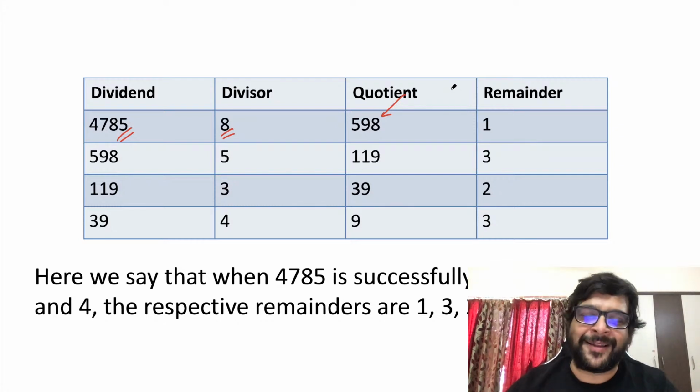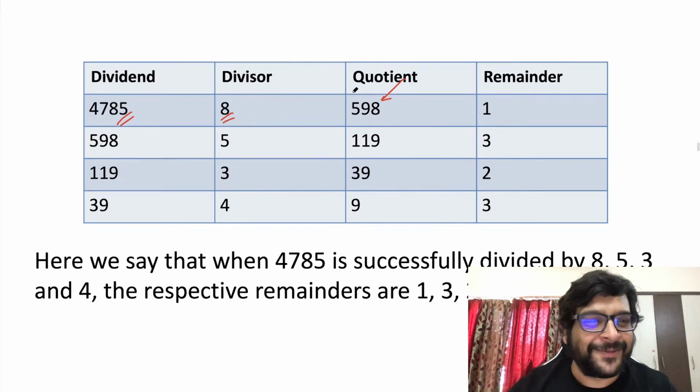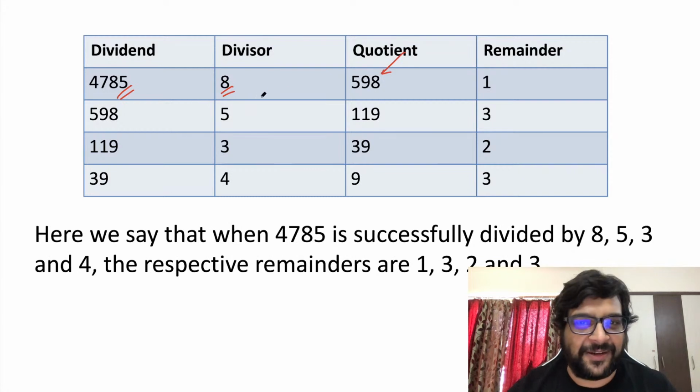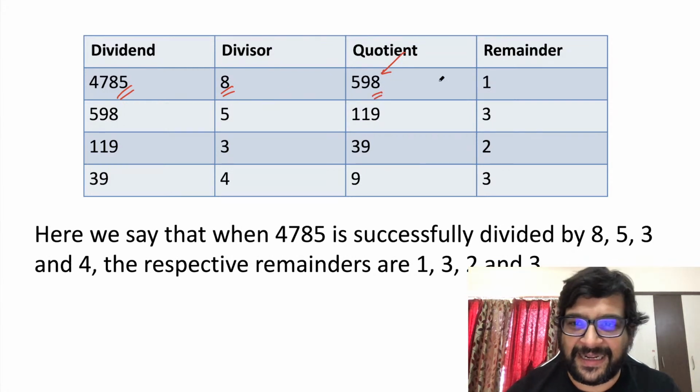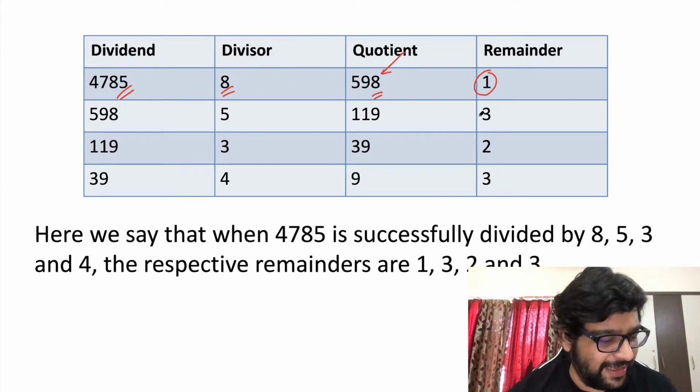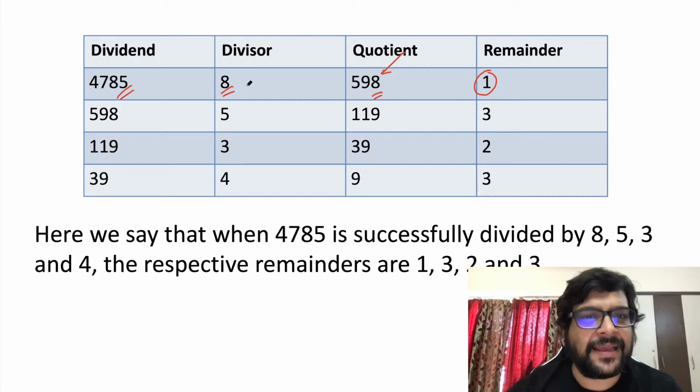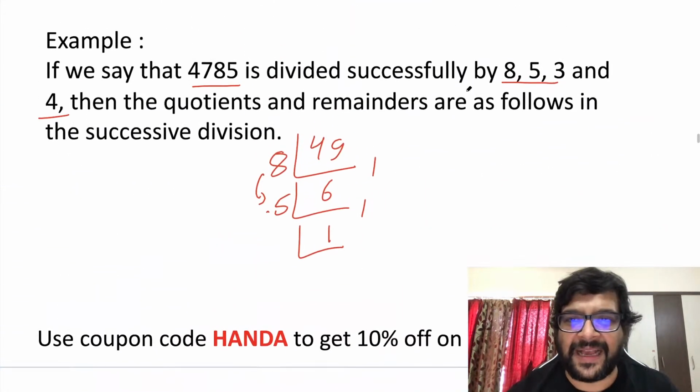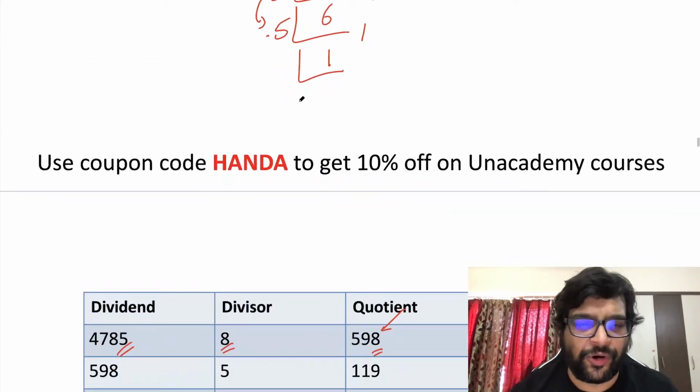Coming back to less interesting things, from food to math. 4785, when you divide by 8, you get 598 and the remainder is 1. Since it is successive division, you need to divide by 8, 5, 3 and 4.